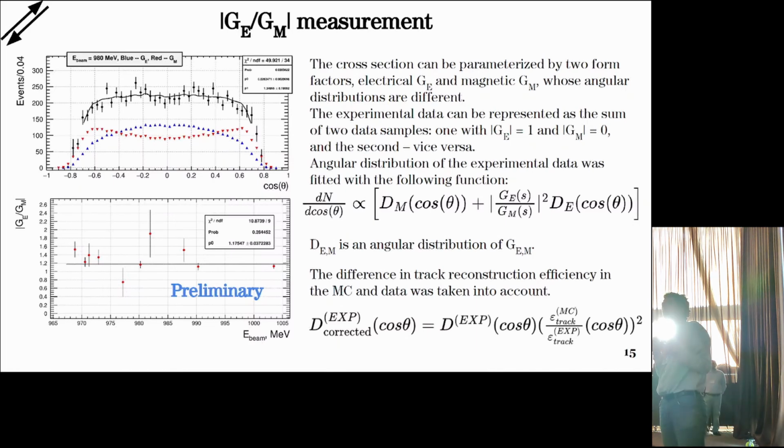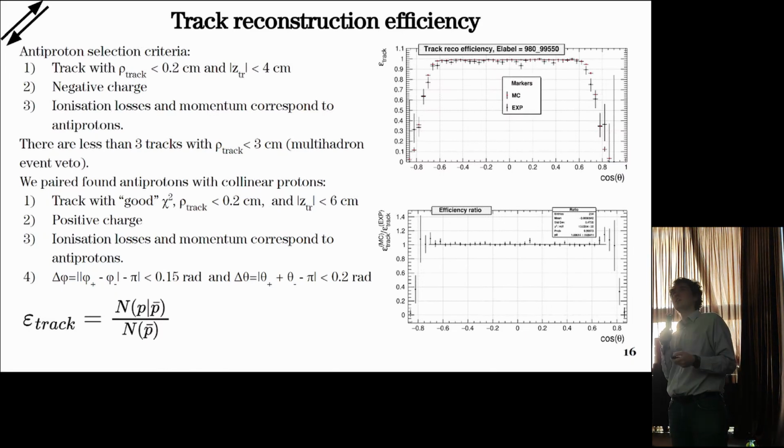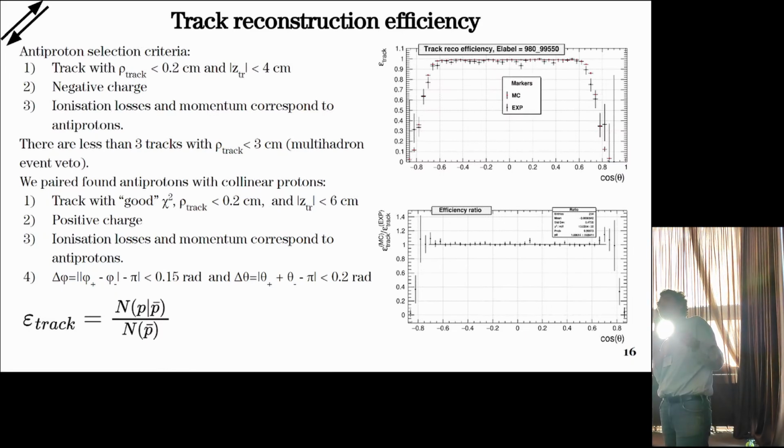And what I forgot to mention is that we consider the difference in track reconstruction efficiency in Monte Carlo and data. We obtain track reconstruction efficiency for both the MC sample and the data sample using the following procedure. We selected a pure sample with antiprotons.